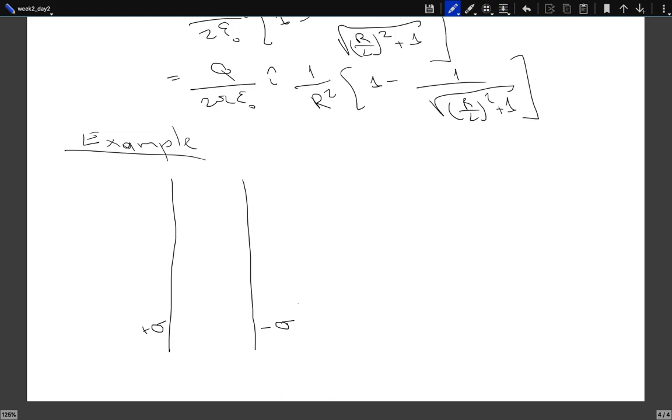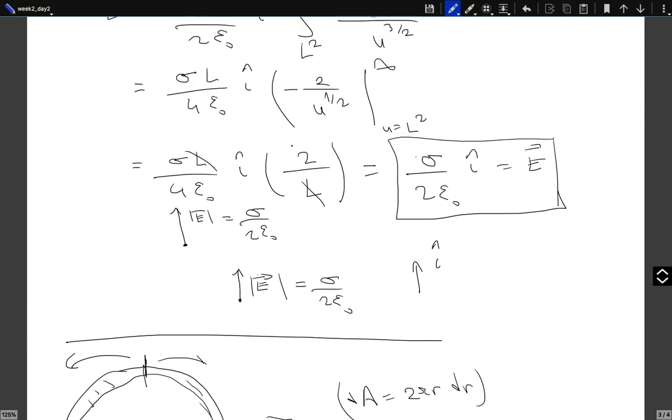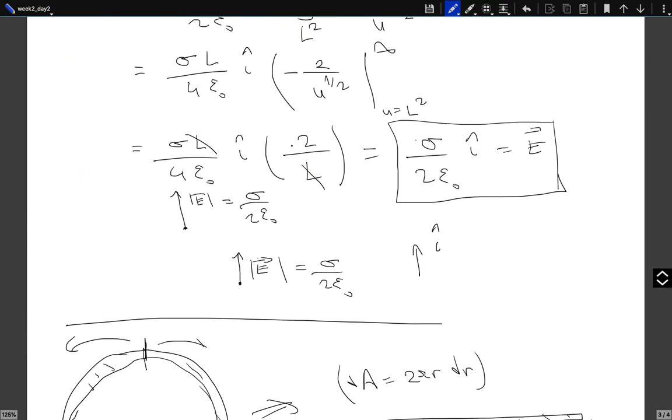What is the electric field everywhere? Now we will look at three regions. This is region 1, region 2, and region 3. So let's calculate the electric fields. We already know from our previous examples of an infinite plane, if this is our infinite plane, the electric field everywhere is sigma over 2 epsilon 0.